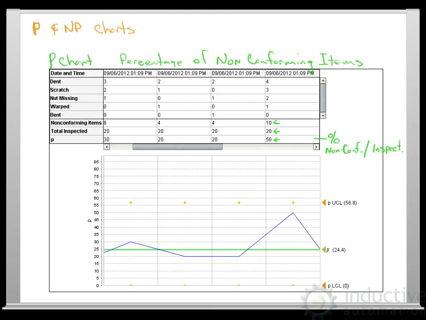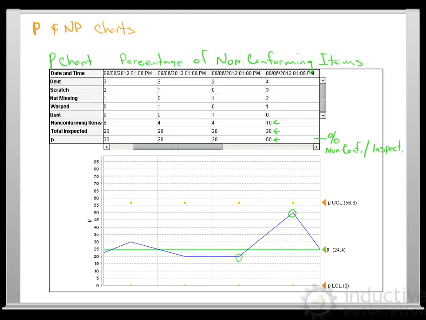So in this case, 10 were non-conforming, we inspected 20, it's 50%. And then we see down here, this plotted point is 50. Here we had 4 non-conforming, we inspected 20, that's 20%. So then you see 20 down here.